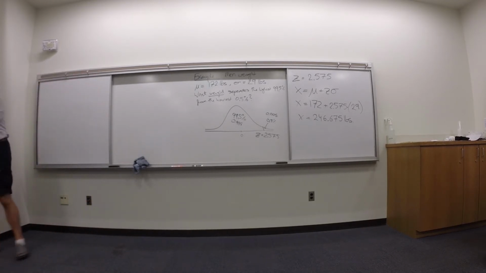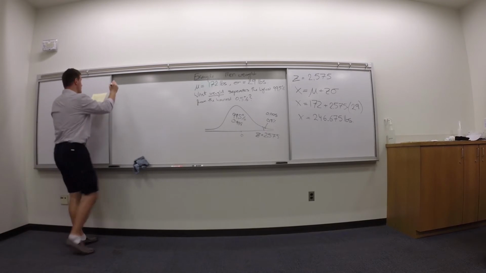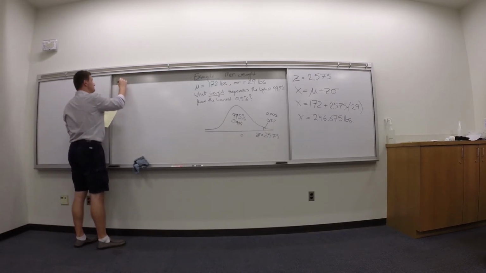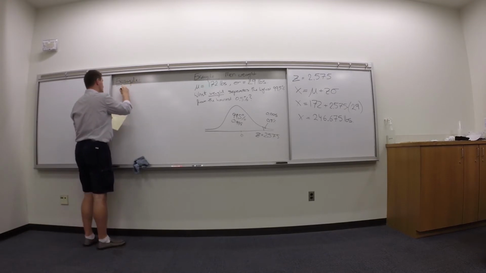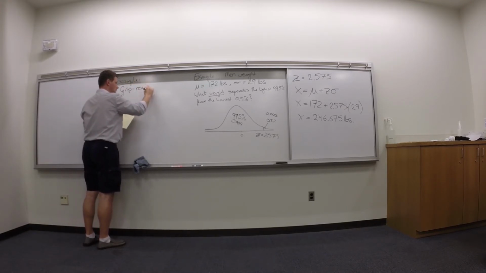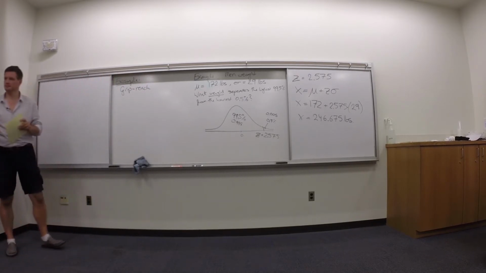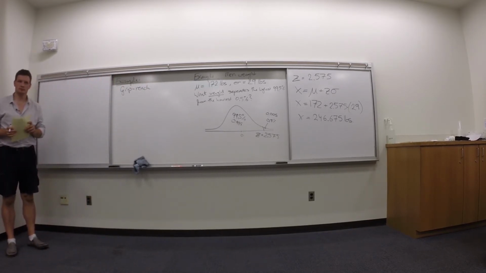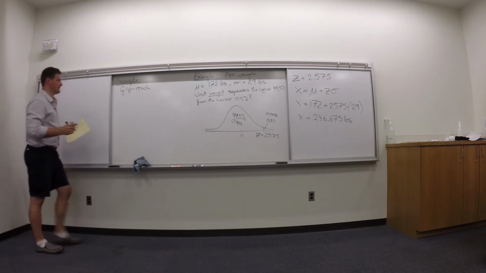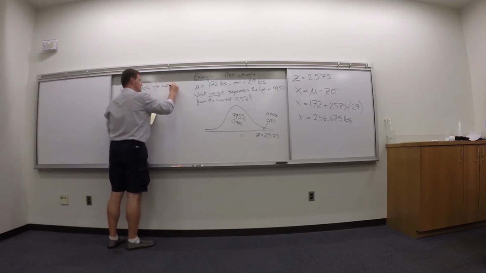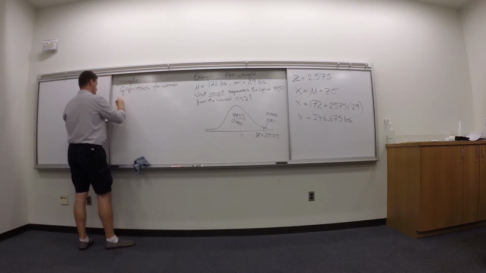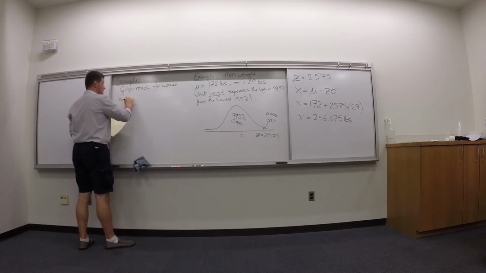So let's consider this example. There's a term called grip reach. And we know that the grip reach for women is normally distributed.